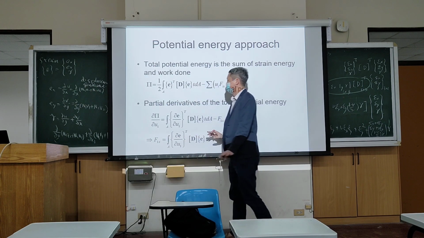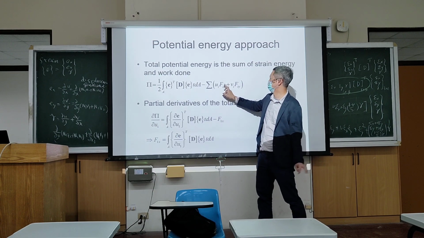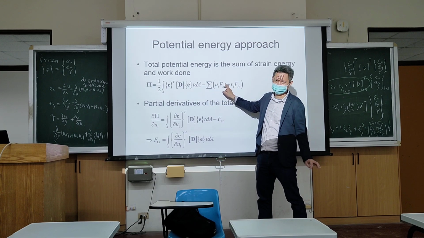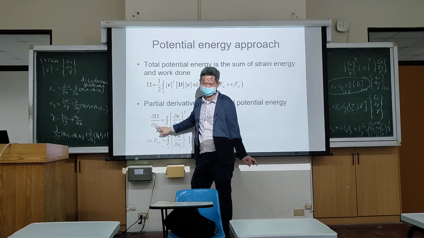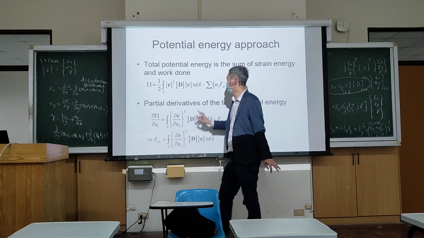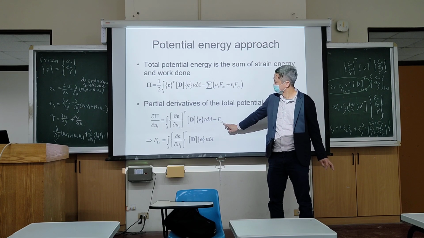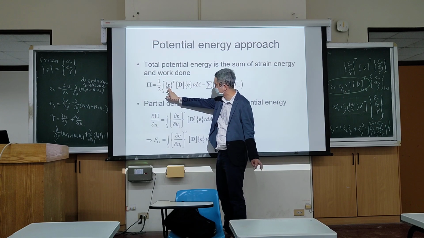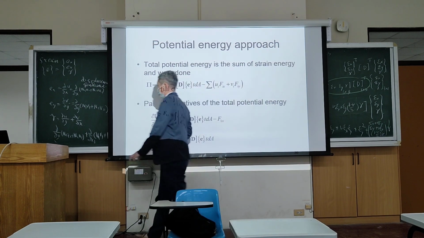If now I want to find out what is the force on node 1, U1, I then got to differentiate the energy with respect to U1. Then I will have F1 x. But then you got to differentiate the potential energy. How to differentiate that?